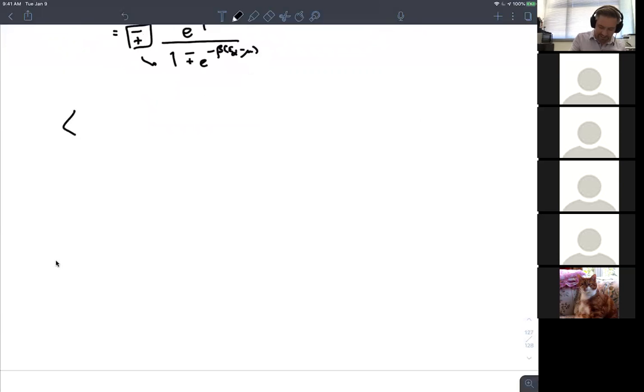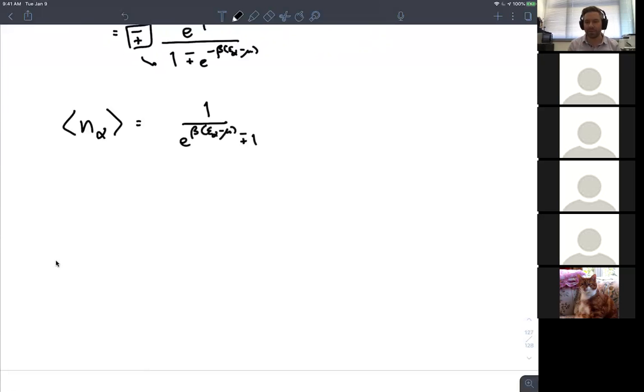So our final answer is that the average occupation number of the alpha energy level is 1 over e to the beta epsilon alpha minus mu, minus plus 1.